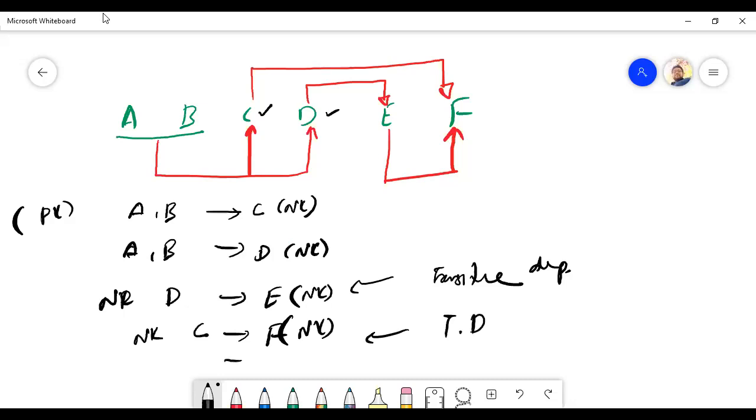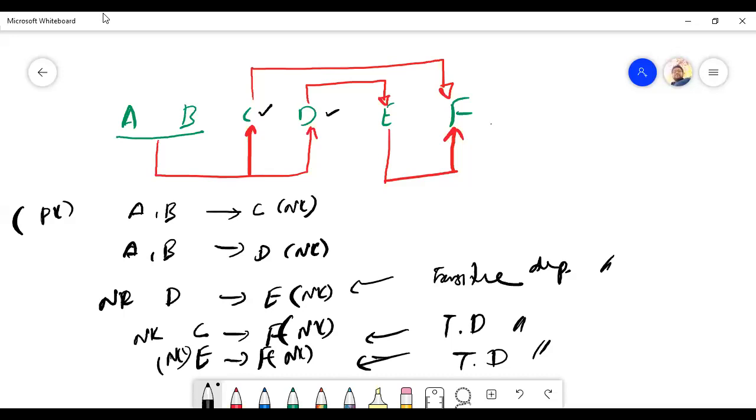Again F depends on E also. You can see F depends on E. So this is also a non-key. This is also a non-key. So again this is also transitive dependency, right? Now you can understand what exactly transitive dependency is.